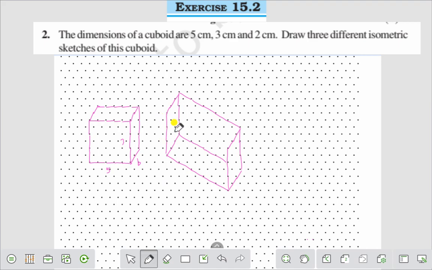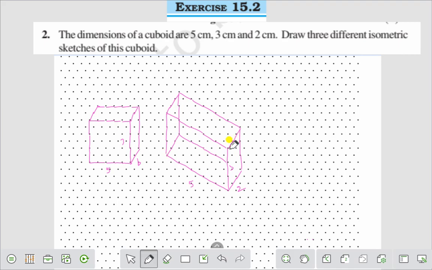And here you also take, that is 1, 2, 3, 4 and 5, right? Here you see, the length is 5 unit, breadth is 2 unit, and height is 3 unit, 1, 2, 3, 3 unit. This was one type of cuboid.